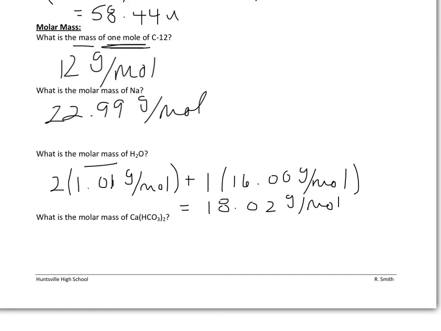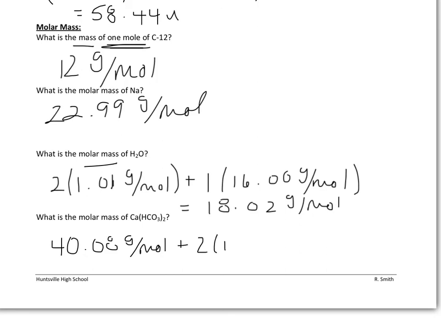Okay? Do this one. Here's my trick. What does that 2 mean? There's 2 hydrogens, there's 2 carbons, and how many oxygens are there? Right. Go. So I know calcium is 40.08 grams per mole. I know that hydrogen, there's 2 of them.